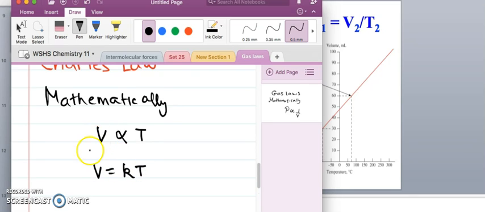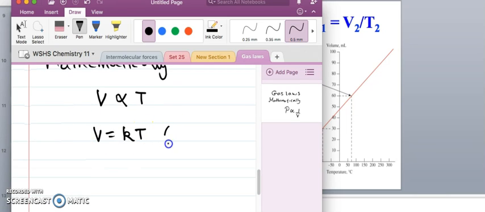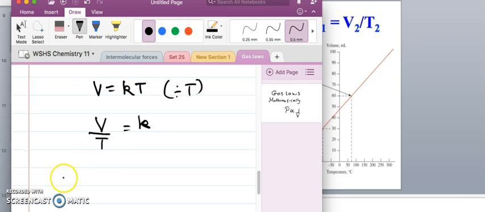All good? Or divide both sides by T and we get V over T is equal to K, which is a constant, or V1 over T1 is equal to V2 over T2.